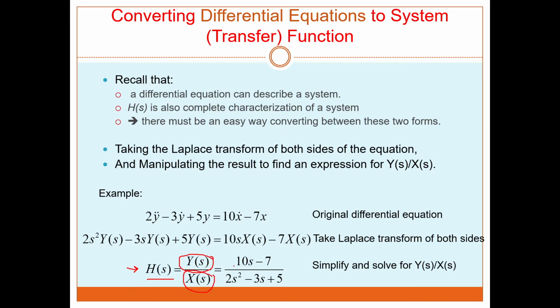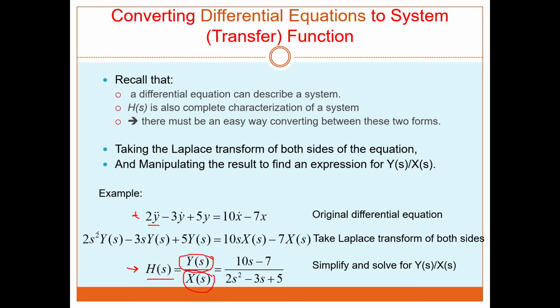Okay, so if we have 2 times the second derivative of y minus 3 times the first derivative plus 5y equivalent to 10 times the first derivative of x minus 7x. So this is in the time domain t. In the frequency domain, we know that if we convert the differentiation, this is second, right?